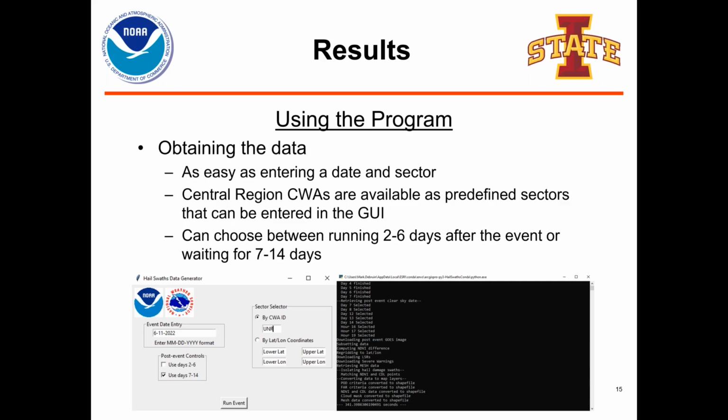You may want to run it immediately after, in the days following the event, and that might be most useful for you. Especially if it's an event that has really clear damage, it's going to show up in that 2 to 6 day range anyway. So I wanted to make that available to the forecasters that are using this.